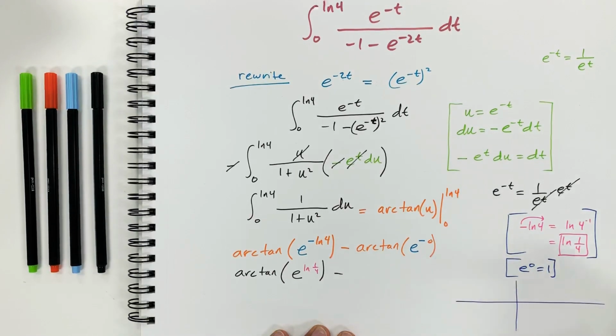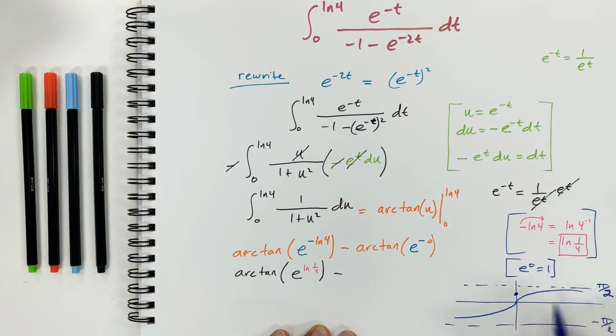Arctangent looks like that, and it has boundaries at pi over 2 and at negative pi over 2. Halfway between pi over 2 and 0 is going to be 1, and the opposite end is negative 1. So arctangent of 1 is right here.